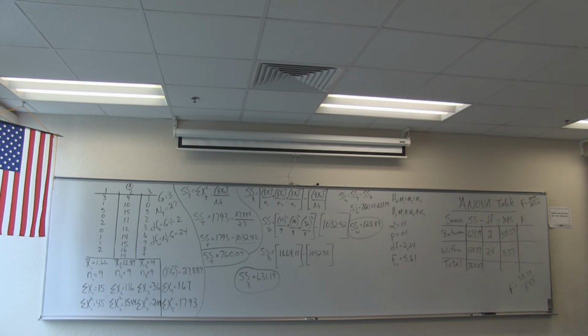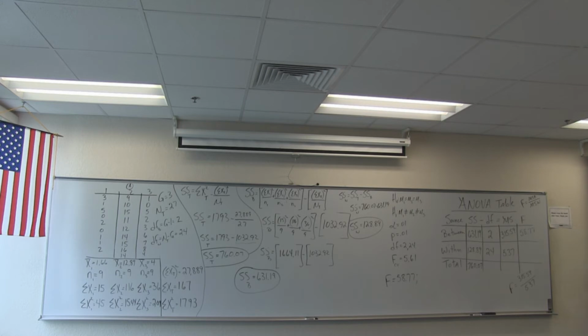F ends up being 58.77. F equals 58.77. Pretty large F statistic. Pretty rare event, right? Now we go through some formalities, just like we always have.